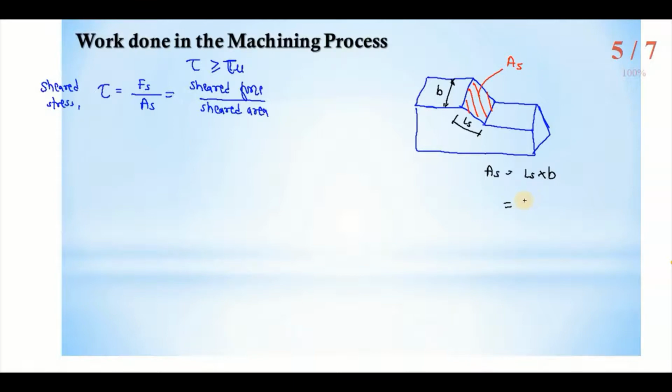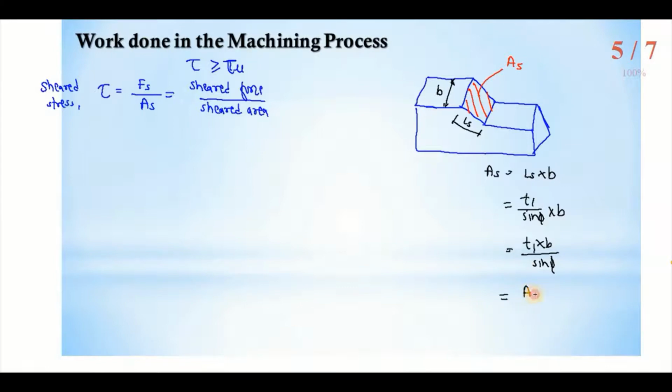This Ls, based on the analysis of the machining operation, is t1 upon sin phi, so As is t1 into B upon sin phi. Here B, the width, is a constant, as we have seen in the assumptions of orthogonal machining analysis, and t1 is the uncut chip thickness before machining.